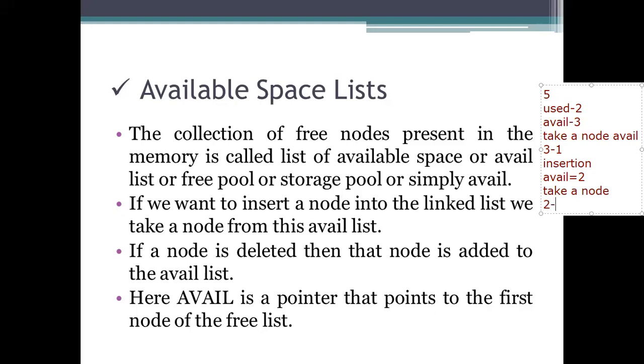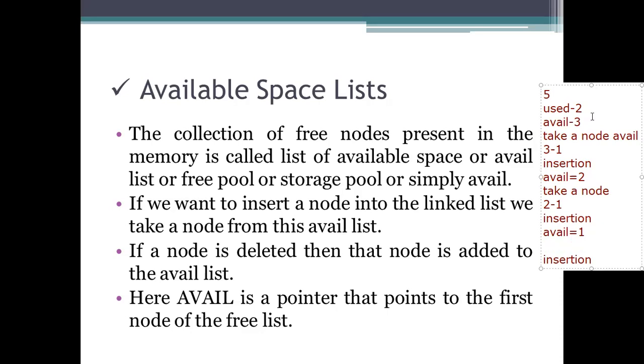So I have 2 minus 1 and then the insertion is performed. Now avail is equal to 1. If I need to perform insertion again, I need to take a node and perform the insertion.